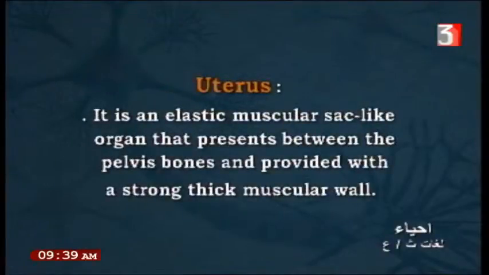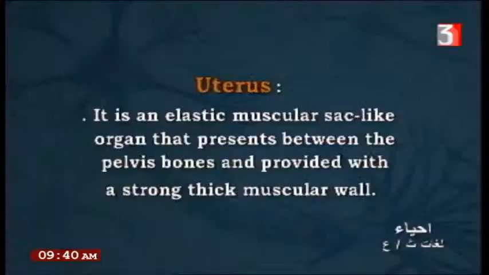What is the uterus? The uterus is an elastic muscular sac. What is elastic? Elastic means it can expand and contract easily. The uterus is an organ that expands and contracts according to the size of the baby. It expands due to the ligaments.